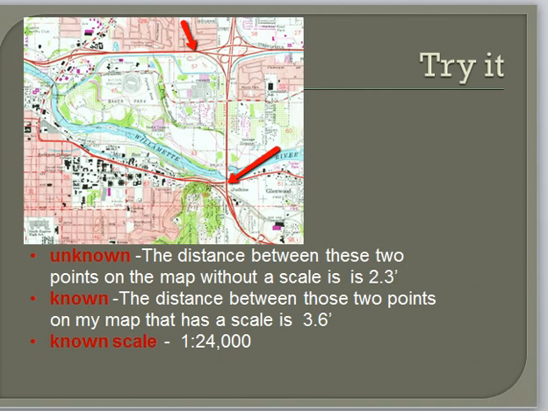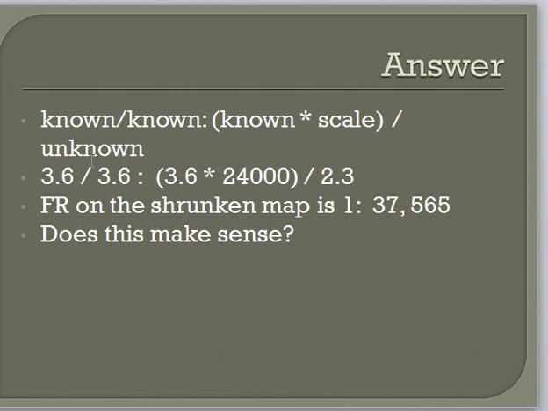So it's going to look like this. I'm going to take the known distance divided by the known distance to get my 1 value on the left side. Then the known distance times the known scale and divide that here. So 3.6 divided by 3.6, and this is 3.6 times 24,000 divided by 2.3.